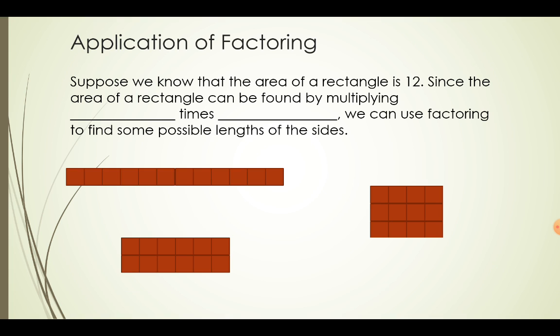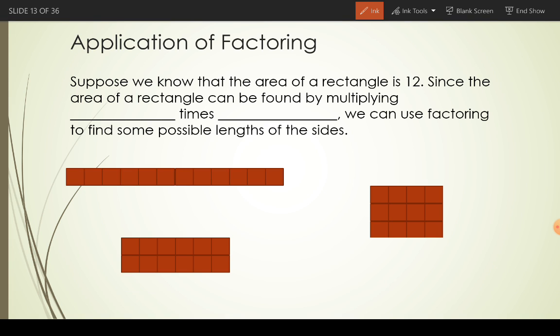So suppose we know that the area of a rectangle is 12. Since the area of a rectangle can be found by multiplying length times width, we can use factoring to find some possible lengths of sides.